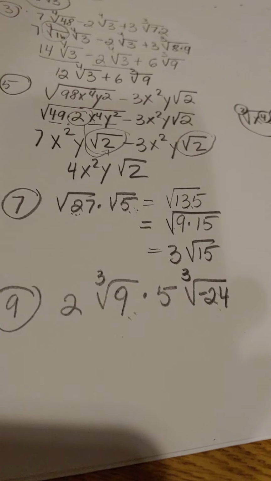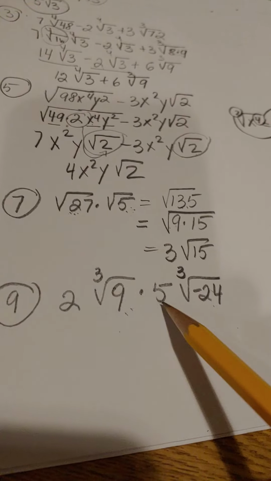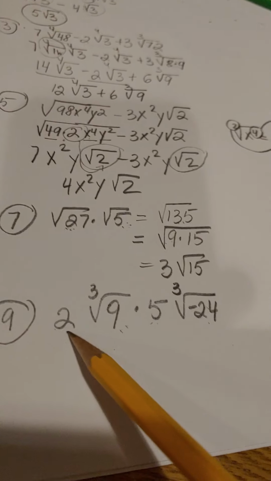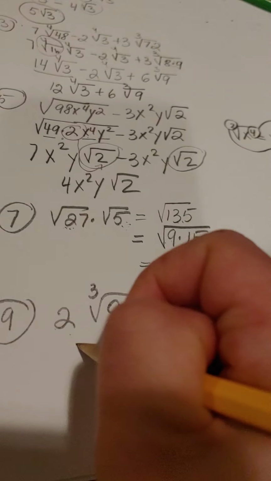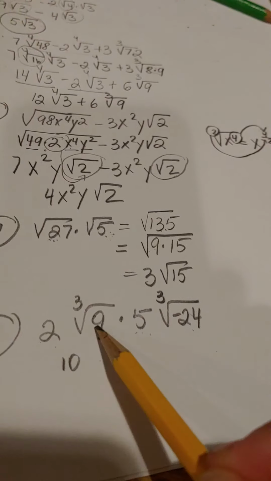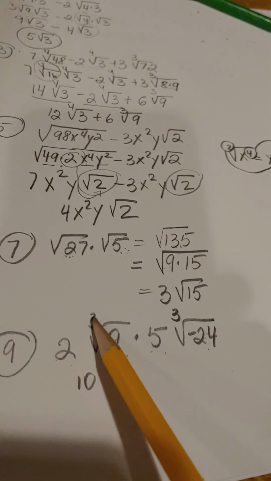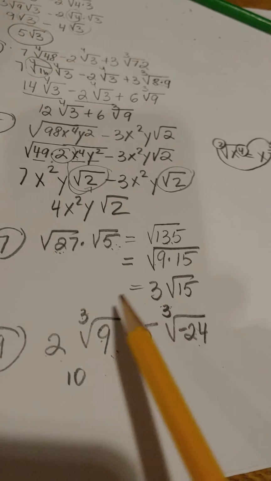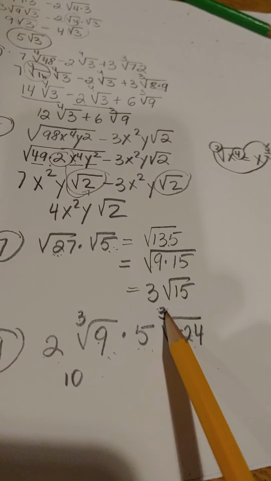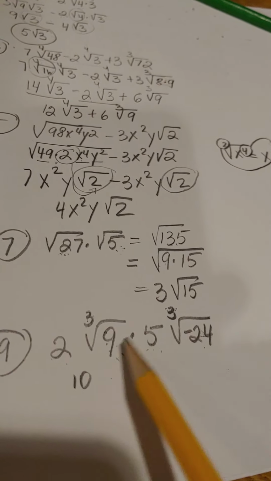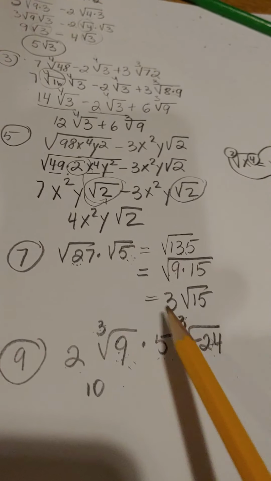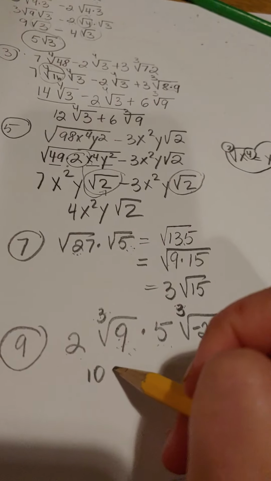So what we're going to do is multiply the outside numbers. 2 times 5 is 10. And then we multiply the inside numbers. But mind you, this works as long as you have the same indexes. If there was a 3 and a 2 right here, you could not multiply these numbers inside. But since they are the same, yes, you can do that.